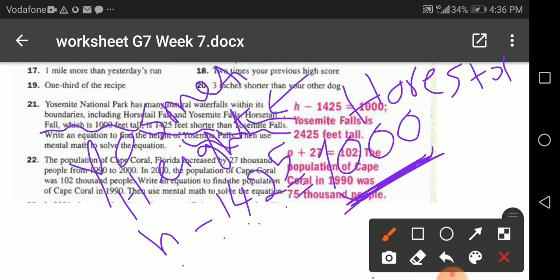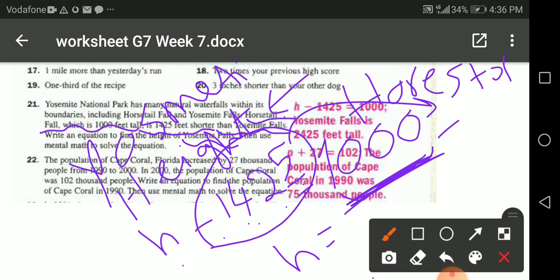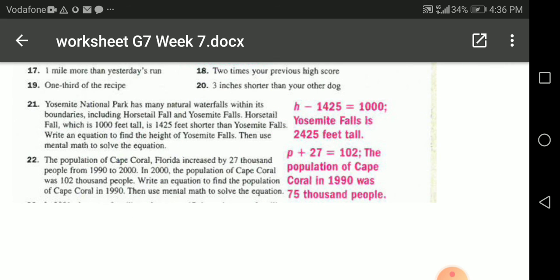I will bring the 1425 to the other side. Because it's negative, it becomes positive, so plus 1000. So it will be 2425.